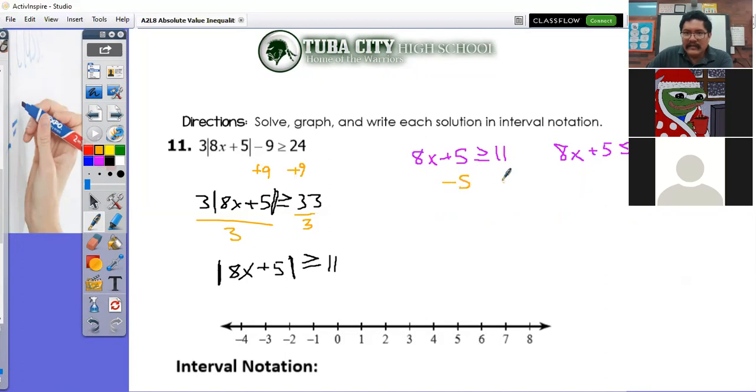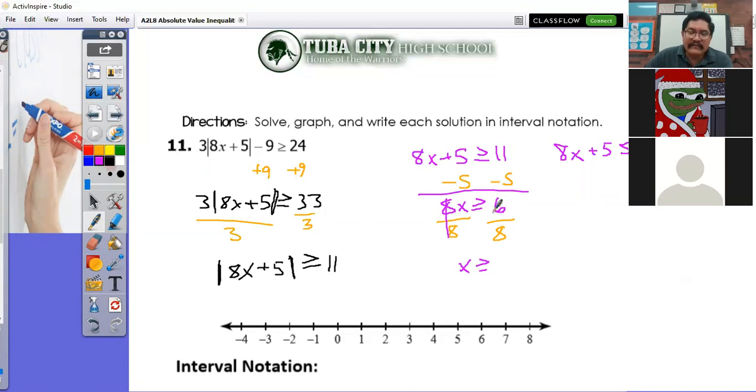All right, so get rid of this 5 by minusing on both sides, leaving us with 8x is greater than 11 minus 5 is 6. Divide both sides by 8. And let's see, cancel the 8, and x is greater than.